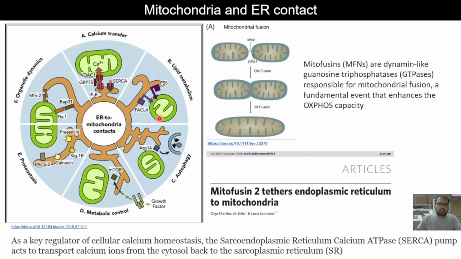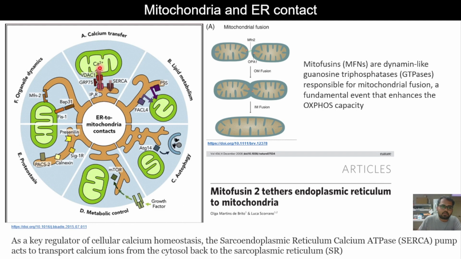Yeah, so you can see the interaction between mitochondria and ER has been attributed to different functions in the cells, like calcium transfer. Here you can see the calcium is transferred from the ER to the mitochondria, and several proteins have been reported to be involved in this tethering of mitochondria to ER.